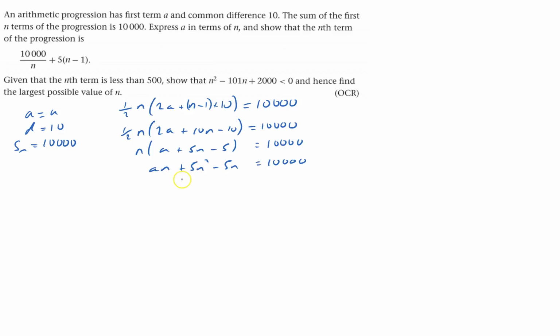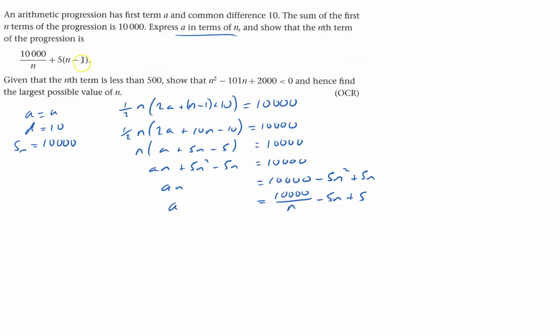And now I can do it: an equals 10,000 minus 5n squared plus 5n. Divide both sides through by n, so a equals 10,000 over n minus 5n plus 5. That has expressed a in terms of n.